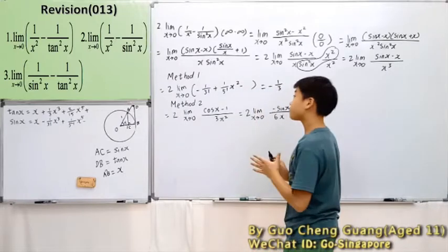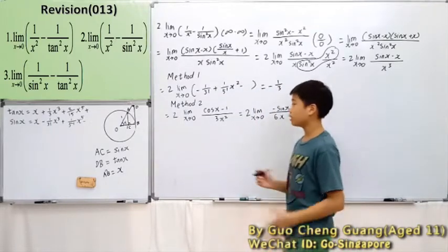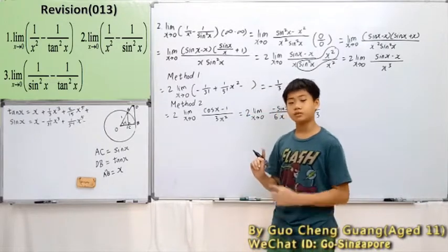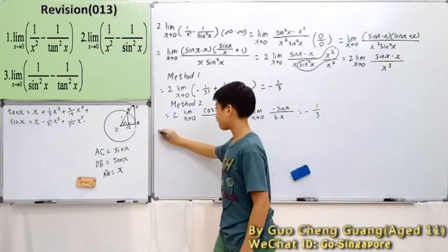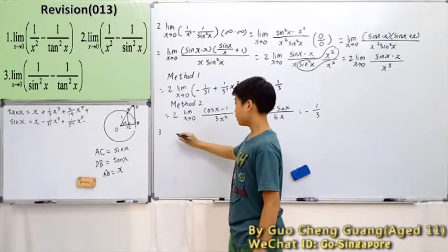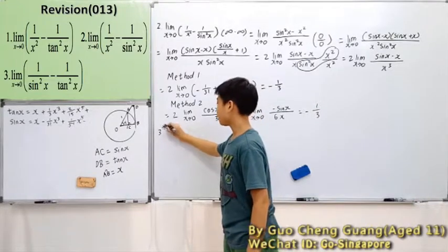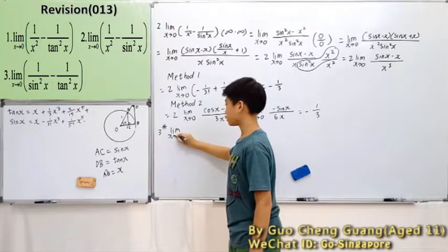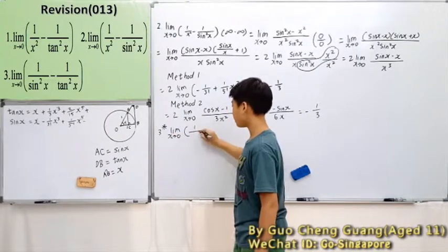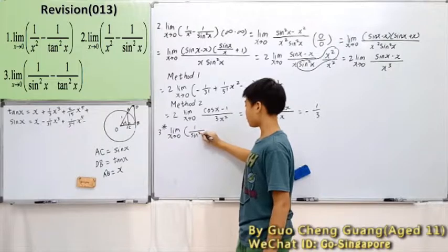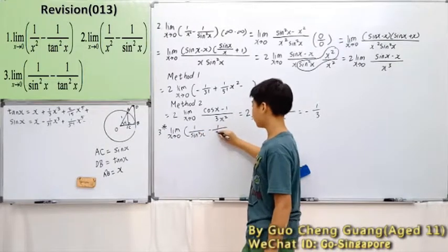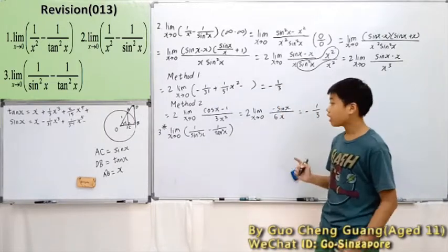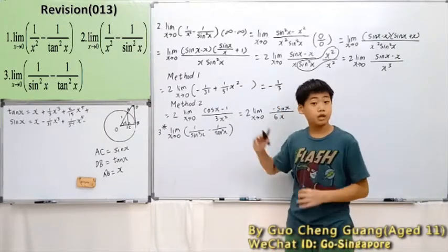Okay, and let's just finish up that last example. Now this last example is something special, and it's actually something that we have done before. So I'll just put a sign here. And this is the limit x approaches 0, in bracket 1 over sine square x minus 1 over tangent square x. Let me tell you a trick. You don't need to go and common denominator again.